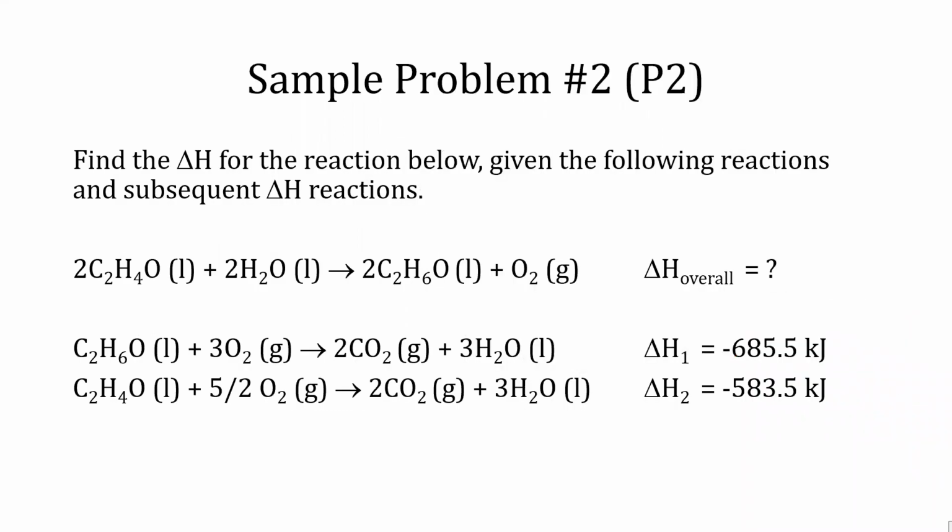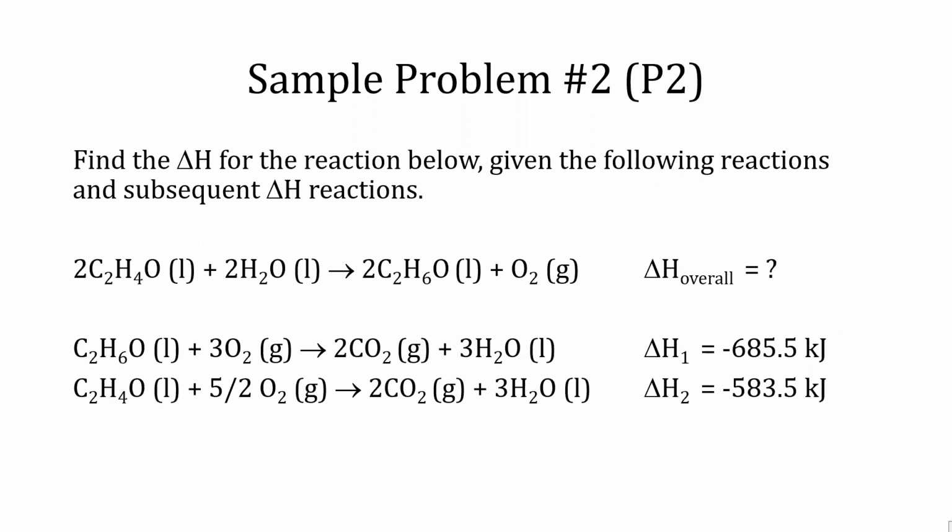Sample problem 2 is, find the delta H for the reaction below given the following reactions and subsequent delta H reactions. 2C2H4O plus 2H2O forms 2C2H6O plus O2. Delta H overall equals blank.